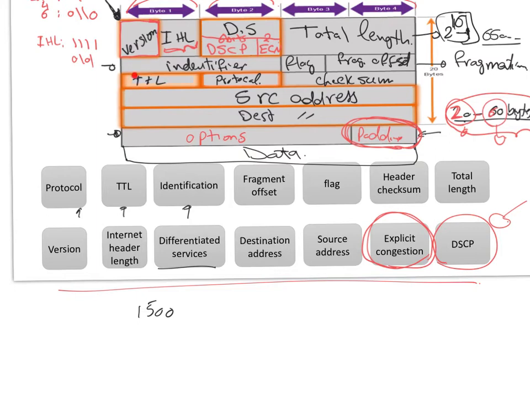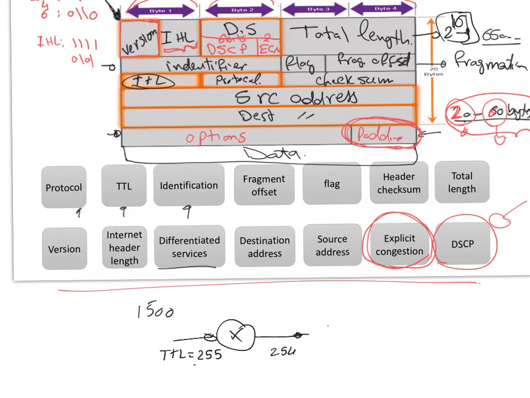So when a router receives the packet, the TTL will start, let's say, from 255, which is 1 byte. This router will say, okay, I will send it to the output port, but I will decrement this by 1, so the TTL becomes 254.